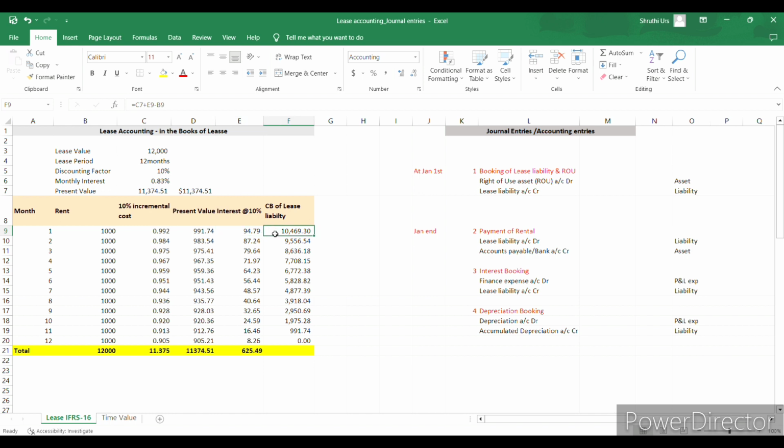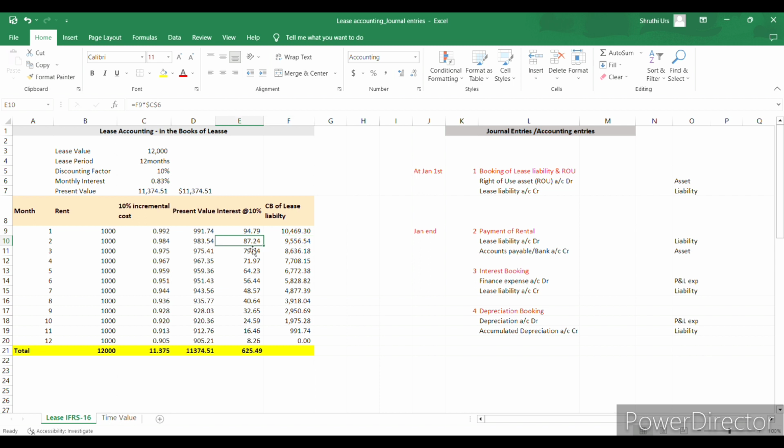Now the closing balance of lease liability. So the closing balance of lease liability would be the present value less interest minus the lease payment paid. So 10,640, 10,469.